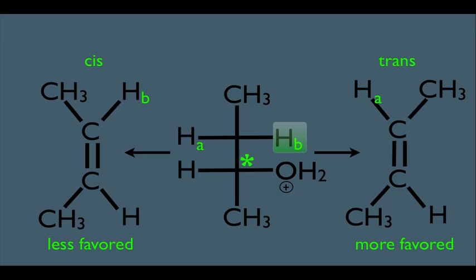Another way to think of this is that this bond right here would be a weaker bond than the HA bond to the carbon. It's weaker because remember, it's easier to rip off the HB hydrogen and break that bond and lead to the trans product. Therefore, this means that the HA and the HB hydrogens are not chemically equivalent. The HB hydrogen is more reactive.